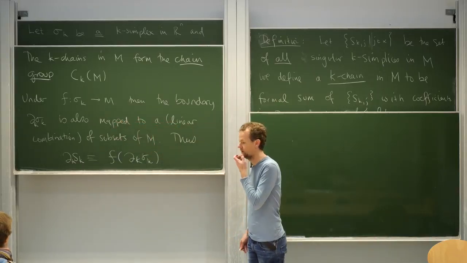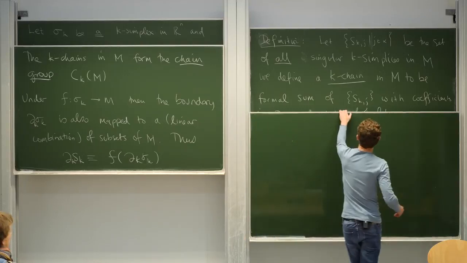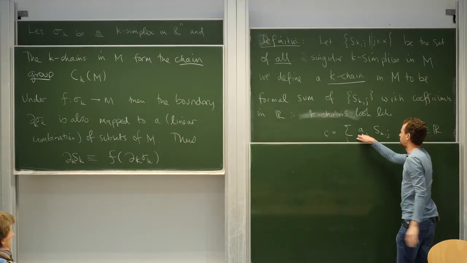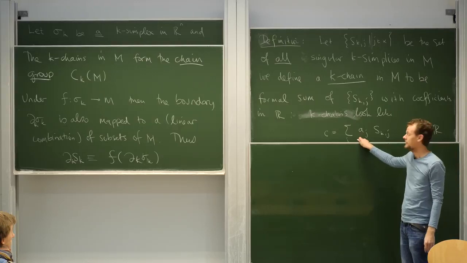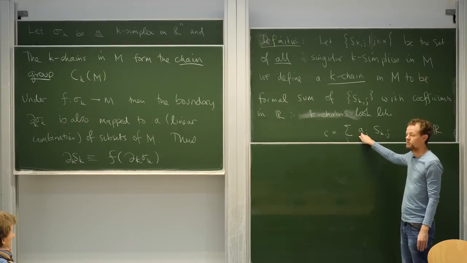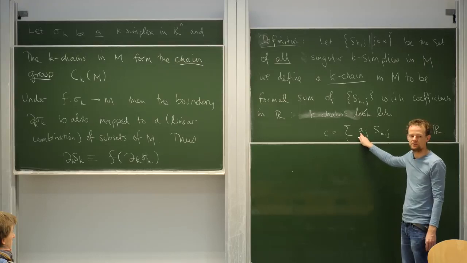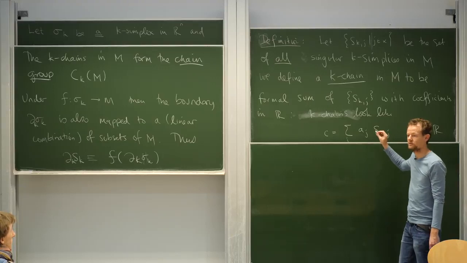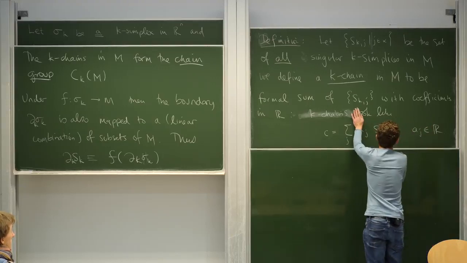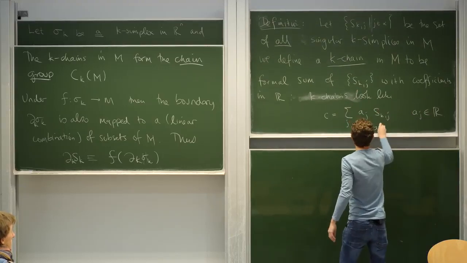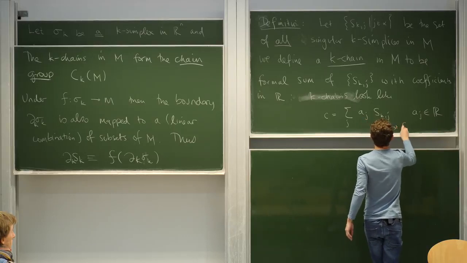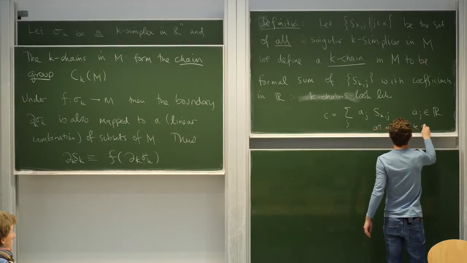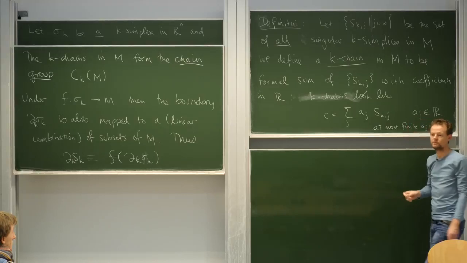And in answer to the first question, what kinds of sums are we going to allow here? We could have an uncountably large number of these coefficients non-zero, or a finite number, or a countably large number of coefficients non-zero. Let's stick with finite for the moment until I say otherwise. Only, I'll say it here, at most finitely many a_j not equal to 0.